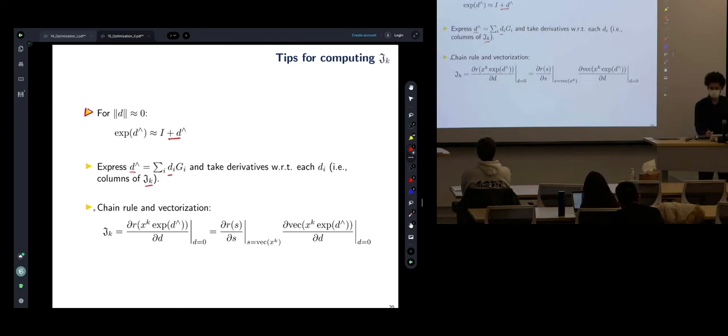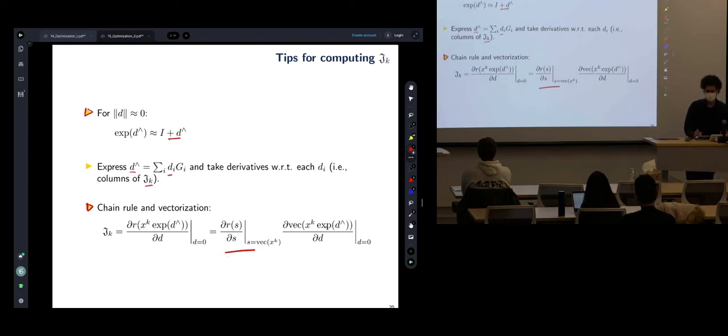Sometimes, when you're dealing with a more complicated case, as we will see with the RGBD camera, there is a projection model of the camera, and then there is this transformation inside. So we use the chain rule to take the first part with respect to whatever is coming in. Ultimately, there's a point that is coming into the projection model of the camera, so we take the derivative with respect to that input.